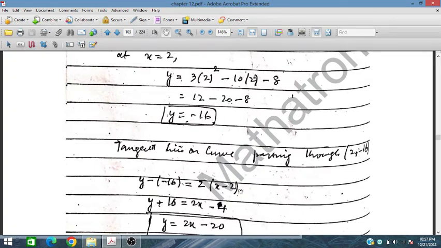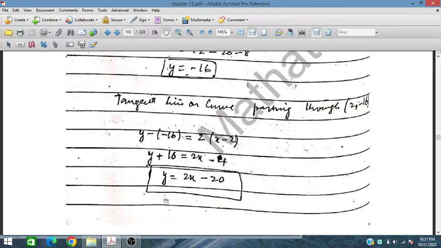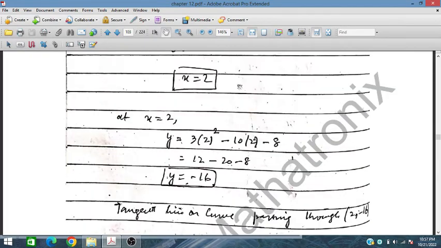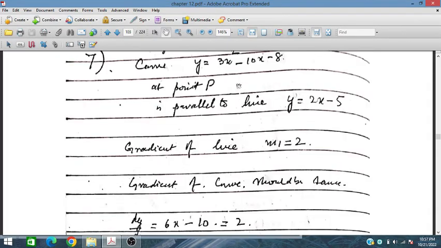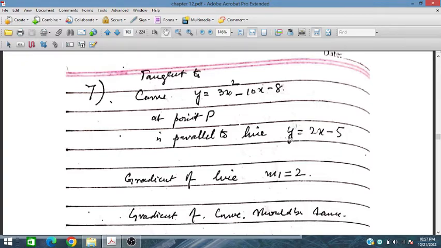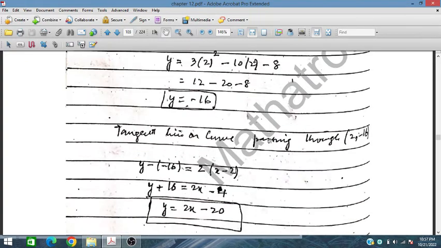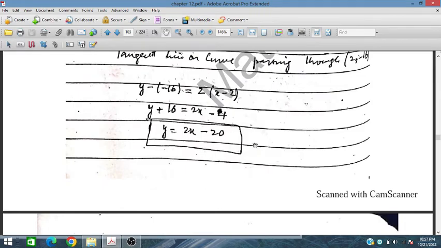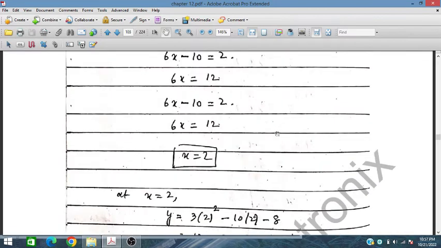So we place this value, and this is the equation of the tangent on the curve, which is parallel to this line. So this was the required equation of the tangent.